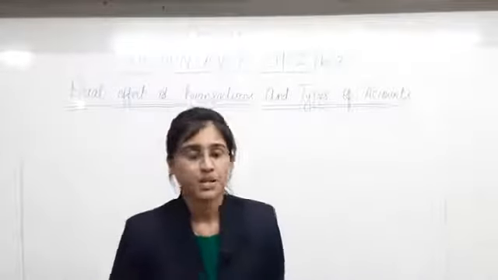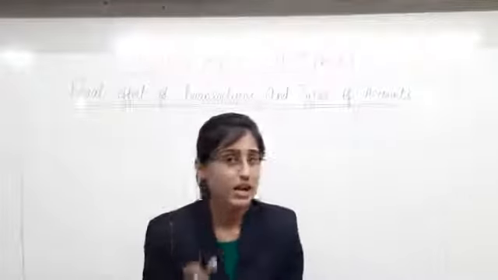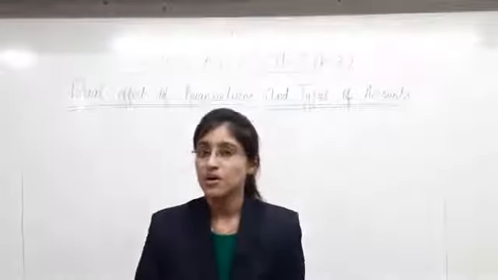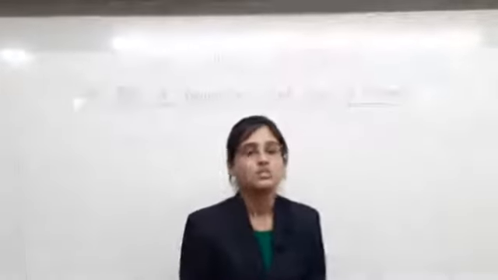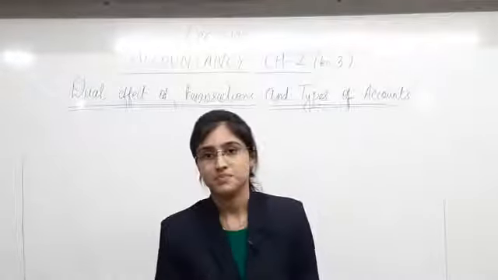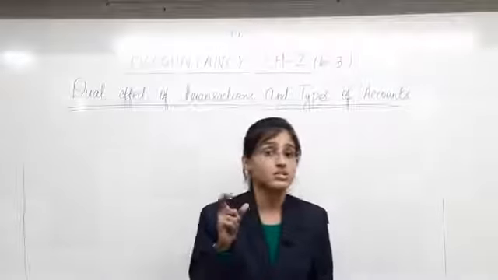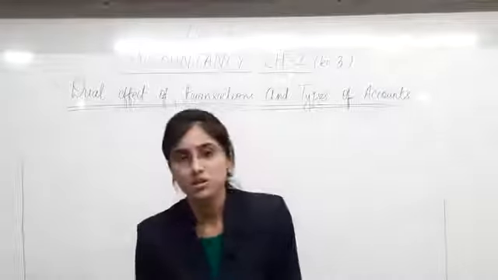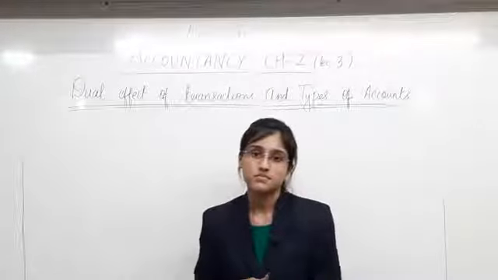So, first transaction, goods sold in cash for rupees 500. This is with no doubt a cash transaction. Why? Because the word cash is clearly mentioned in the given transaction.